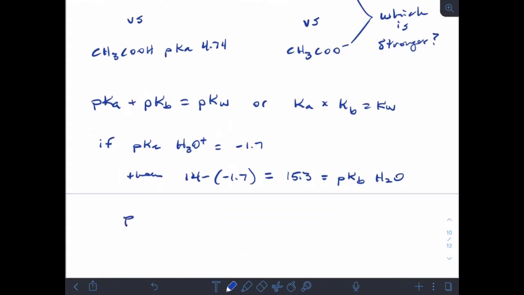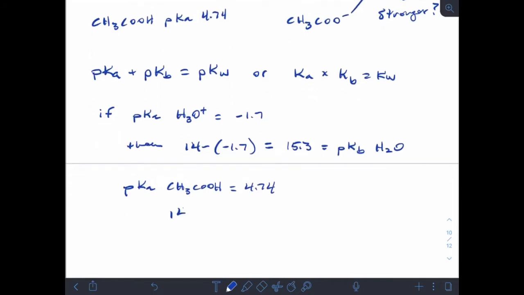And then our pKa for acetic acid was 4.74. So 14 minus 4.74 gives us 9.26 as the pKb for the acetate ion.